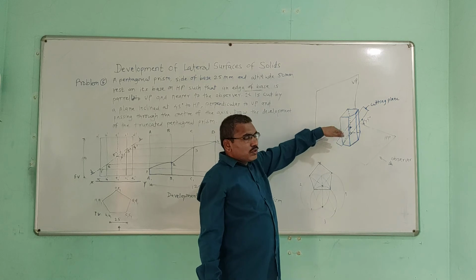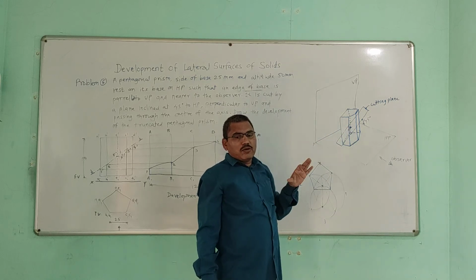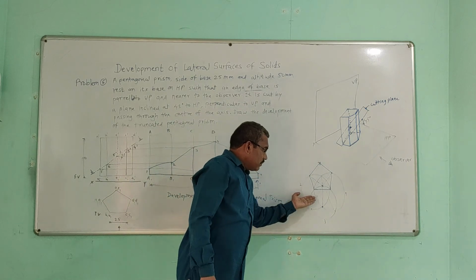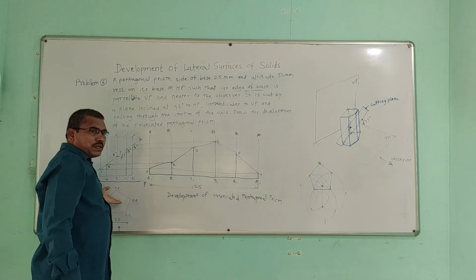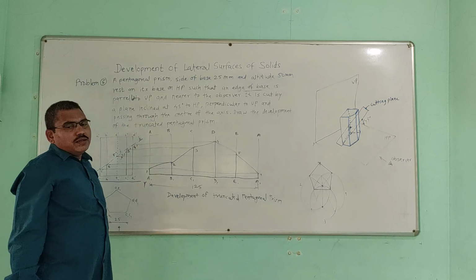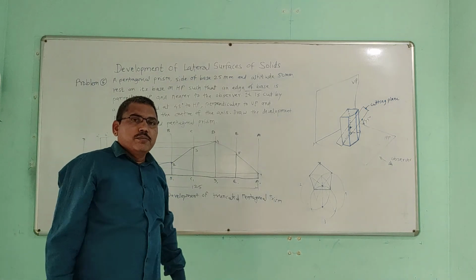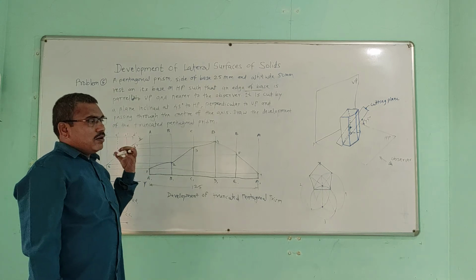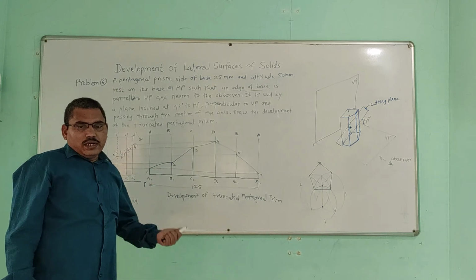In that case, you have to assume how the base of the pentagonal prism is placed, and accordingly draw the top view with geometric construction, and then draw the front view and development of the pentagonal prism. We'll discuss the next problem of development of another solid in the next lecture.